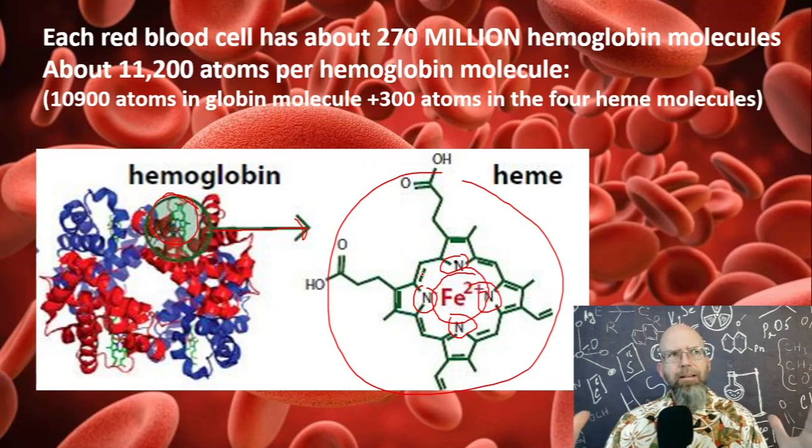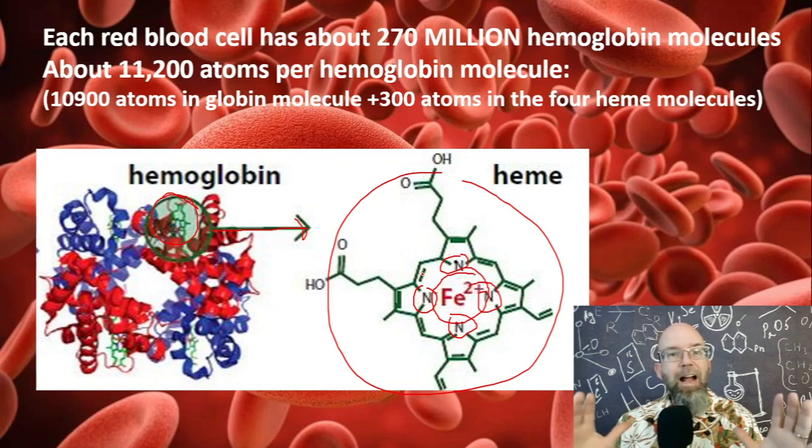And just think about the countless numbers of hemoglobin molecules you have in you right now. If one individual red blood cell has 270 million of these macromolecules, and you have some 20 to 25 trillion red blood cells in an adult human being, that's 25 trillion times 270 million.